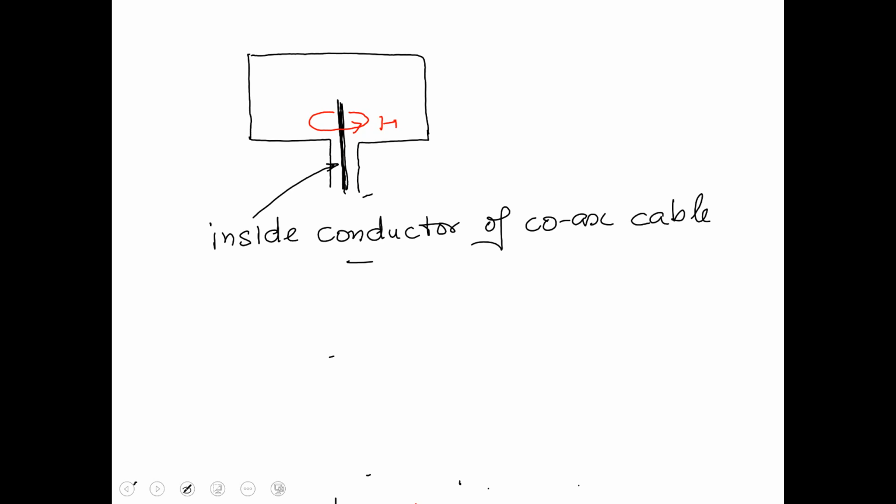There is going to be a charge which is going to collect on the top surface, and the electric field is going to radiate out of the top surface. So the electric field is going to go something like that.